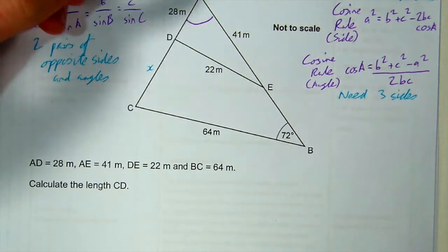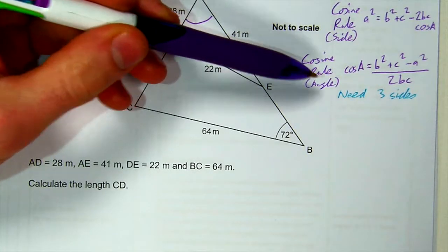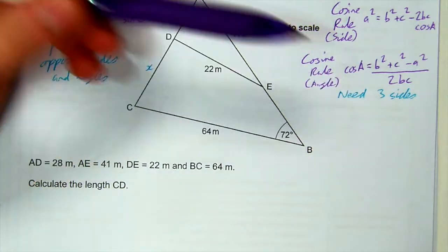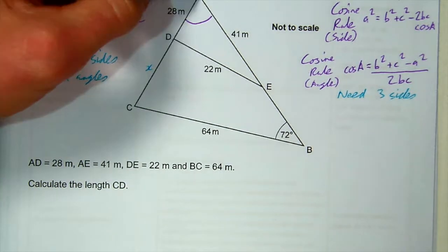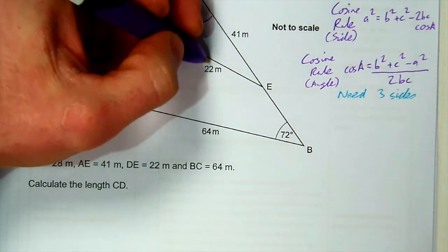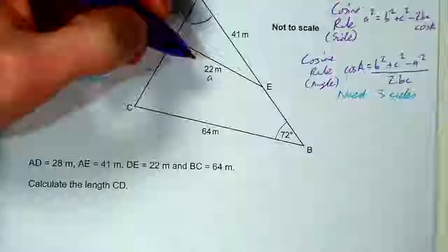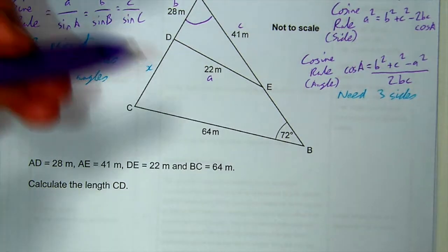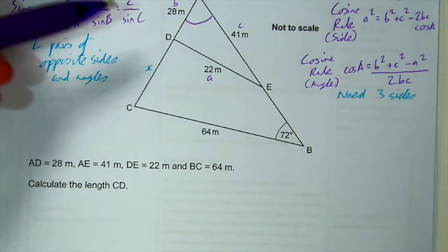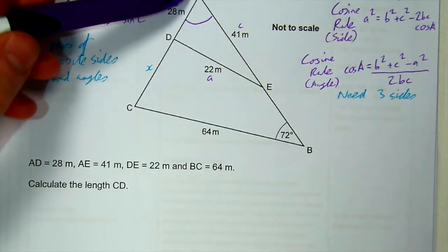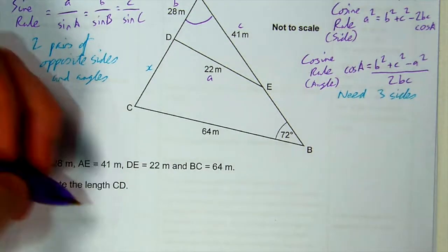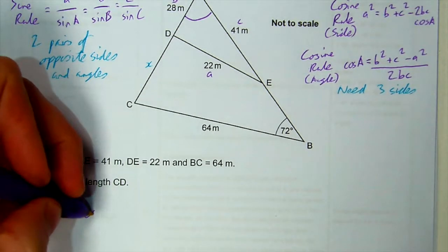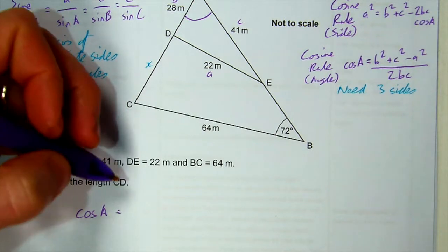cosine rule. And let's see, can I use the cosine rule to get an angle? I need three sides. Well, let's have a look. I've got angle A, so this is opposite, this is going to be little a. And I've got these two other sides here, so they'll be B and C. So I can use this rule to find the angle DAE. So let's do that now. I'm going to rewrite the cosine rule.